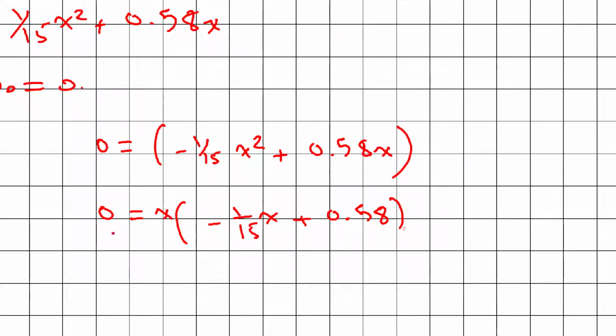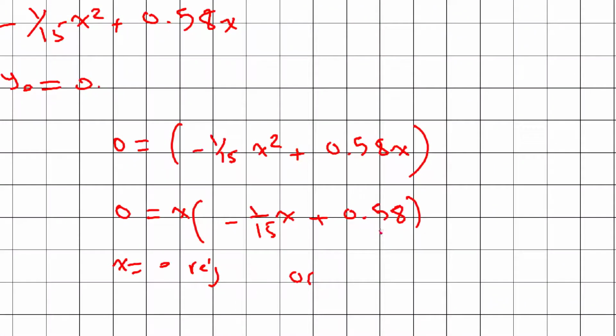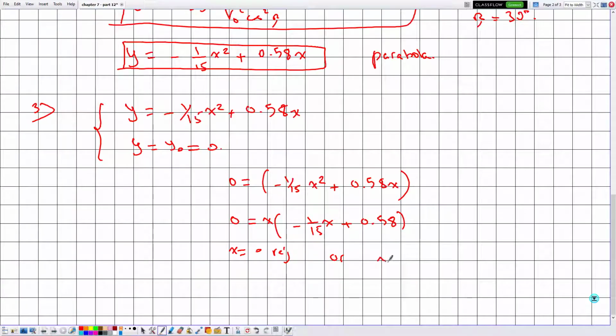Now x equal to 0 is rejected because this corresponds to the origin, or we can solve this linear equation and the value of x is given by 0.58 divided by 1 over 15, which is equal to 15 times 0.58. Plugging this on the calculator, then the range is given by 8.7 meters.